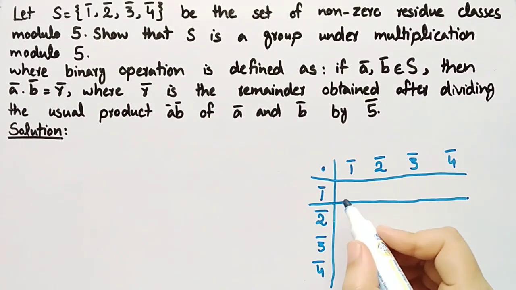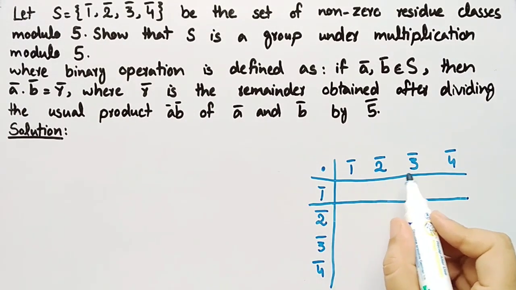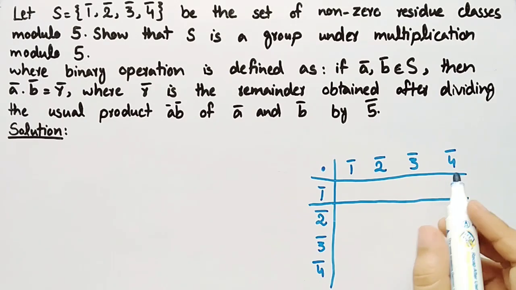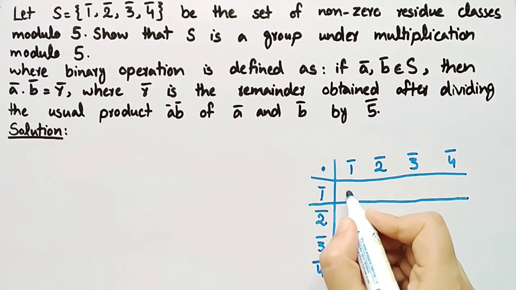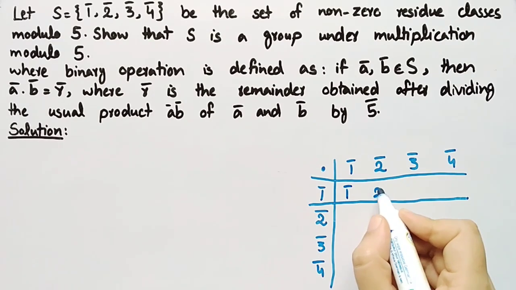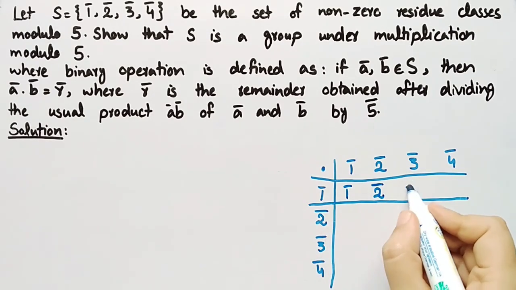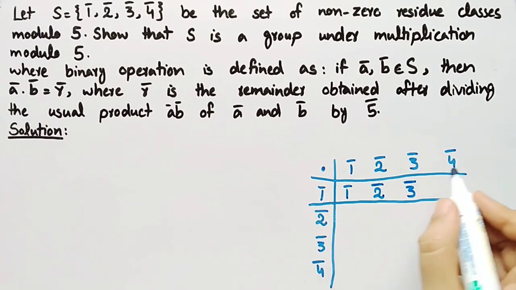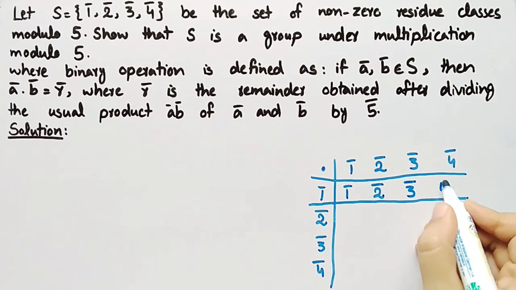Firstly, we will multiply 1 by all of these elements one by one. 1 multiplied by 1 is 1, 1 multiplied by 2 is 2, 1 multiplied by 3 is 3, 1 multiplied by 4 is 4.